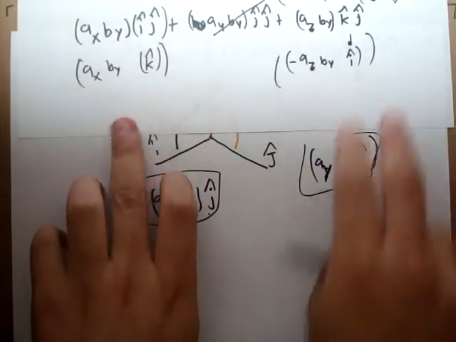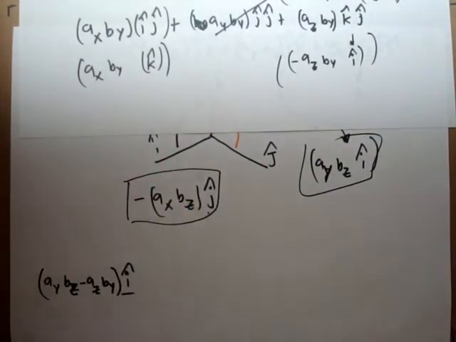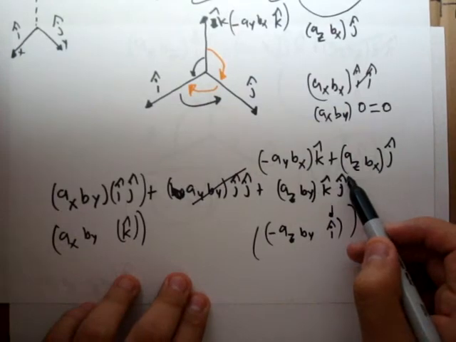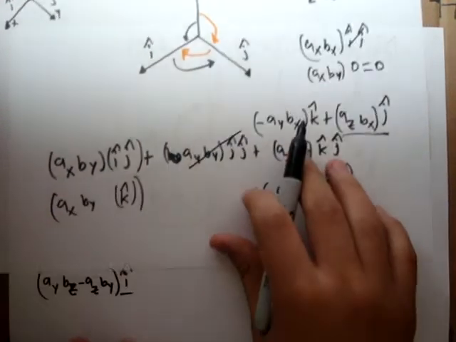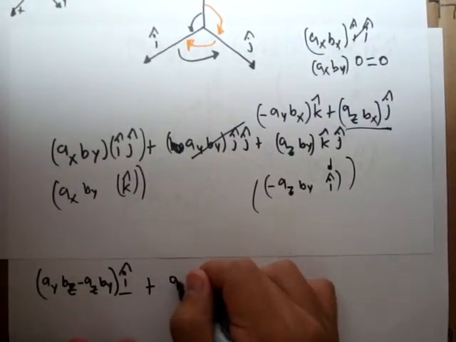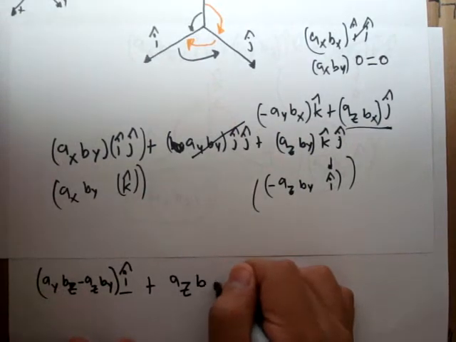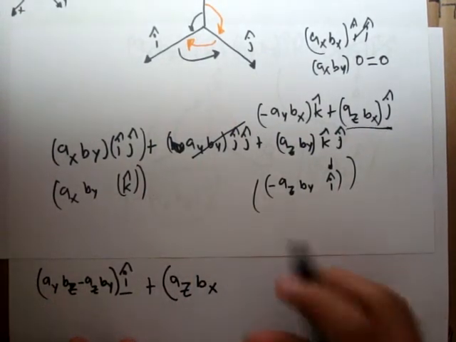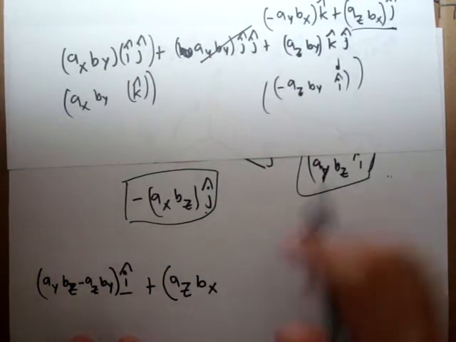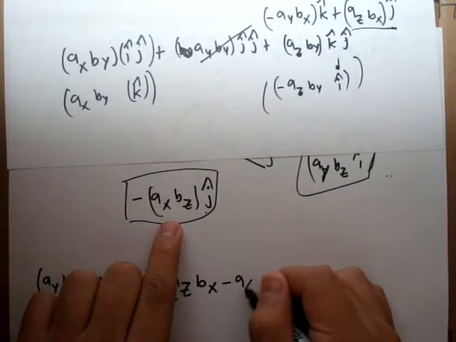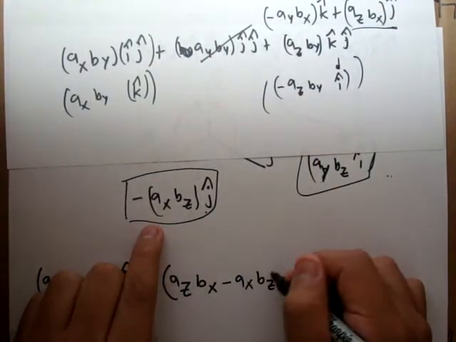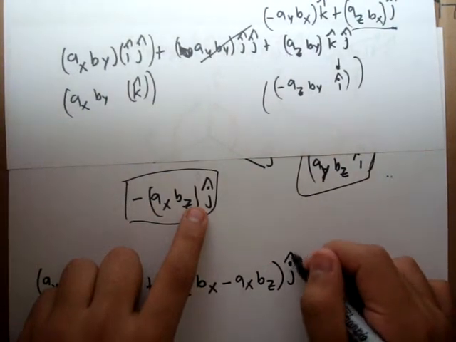Now the next term of interest is the J caret. So here we start out with the positive. This is the J caret right here. So I write plus AZ BX. Okay. Now where's the other J caret term? Let's see. Oh, right here. So we write minus AX BZ. Okay. And they all have a J caret, right? Perfect.